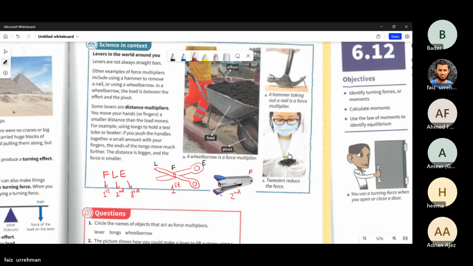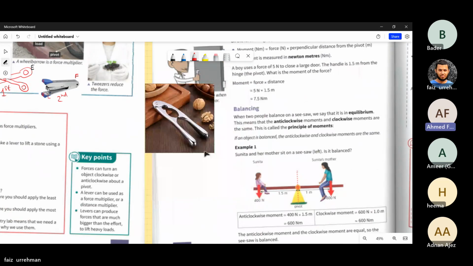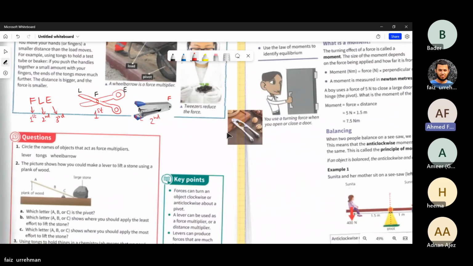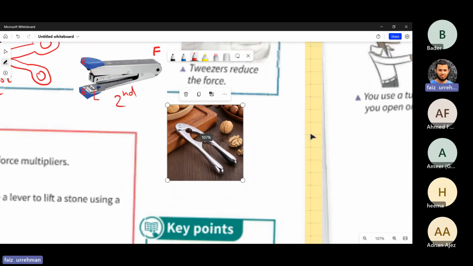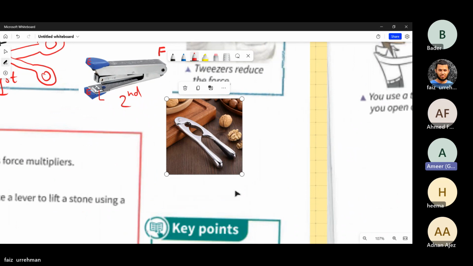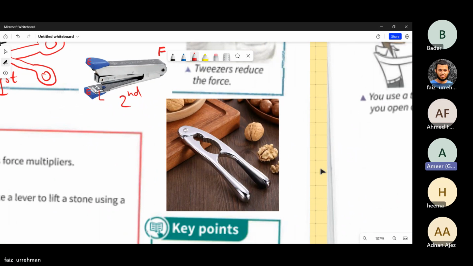Wait, wait, the nut. Can you bring a picture, mister? Yes, this one. The effort, mister, is at the beginning, right? Wait, the effort and fulcrum stand somewhere here.